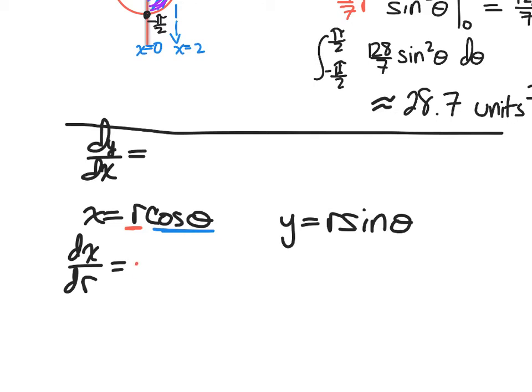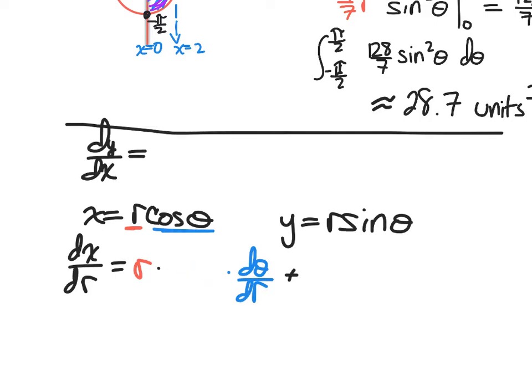So first function r times the derivative of the second, which would be cosine of theta times d theta dr, plus the second, which is the cosine, sorry, brain cramp.